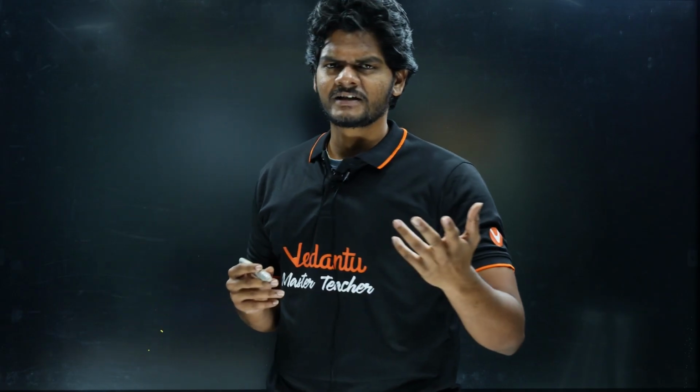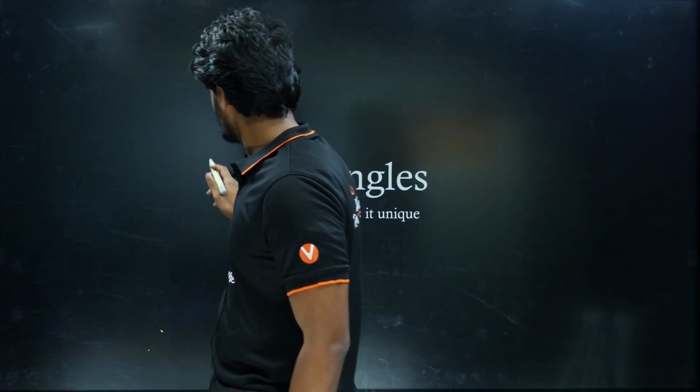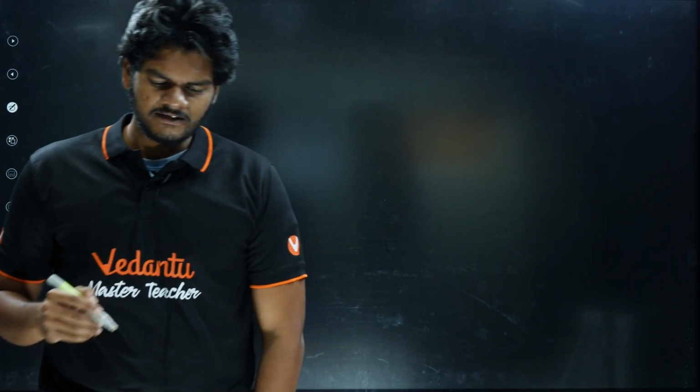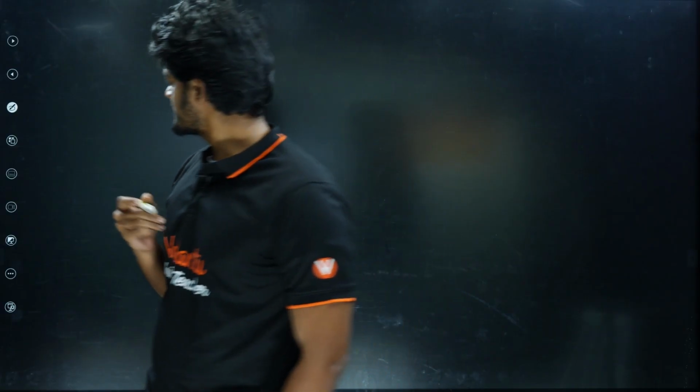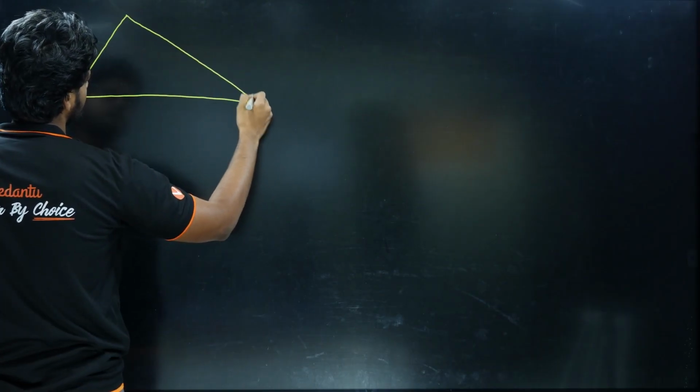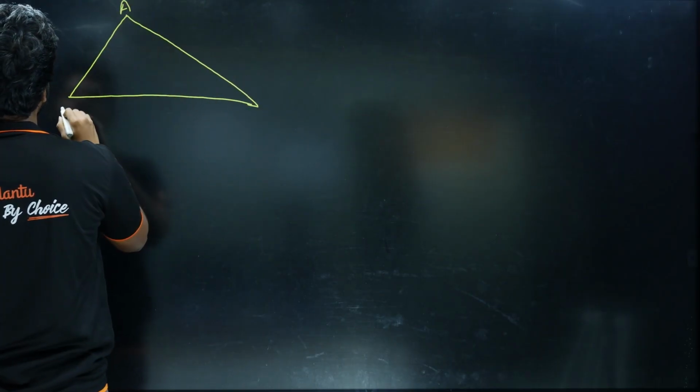So let's just start right away. Today we'll look at something very interesting: looking at triangles in a very different way. That's my attempt. So let's first draw a triangle and let's name it ABC.